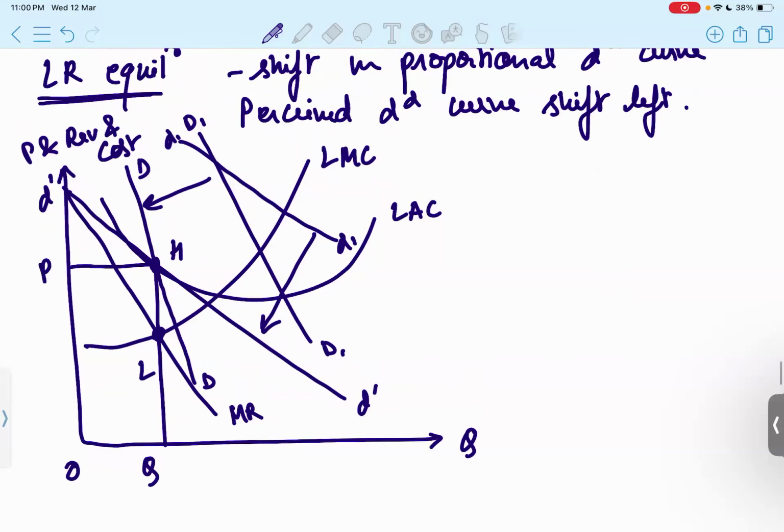Now equilibrium is at point L, and correspondingly this is the equilibrium price, and this is the equilibrium output. When we compare it with perfect competition, let's say point S would be the equilibrium point, which is the minimum of LAC. And this would be the excess capacity that would emerge here also.